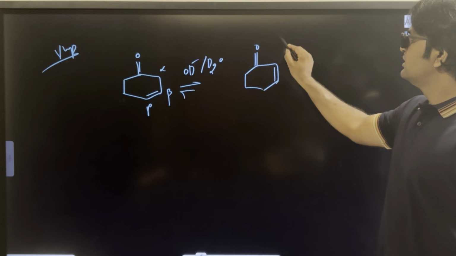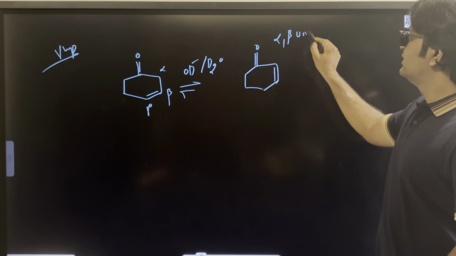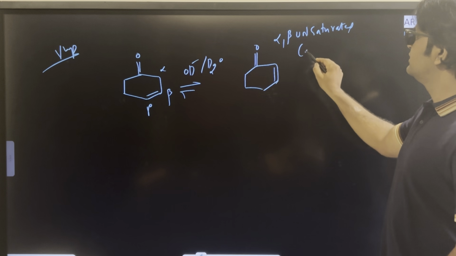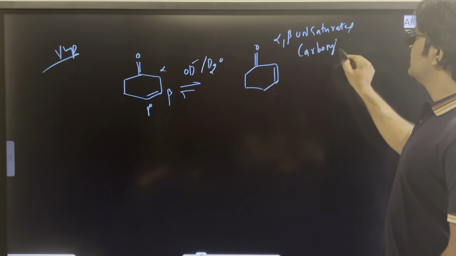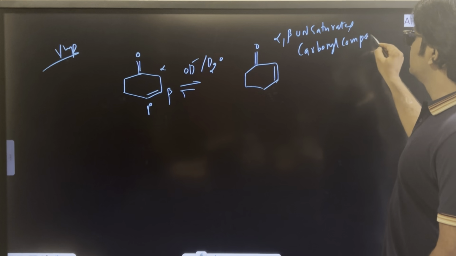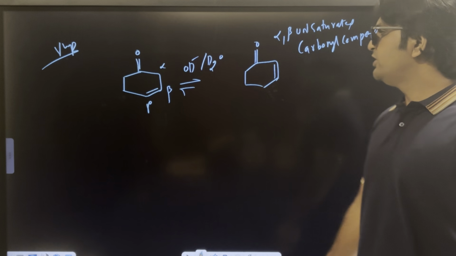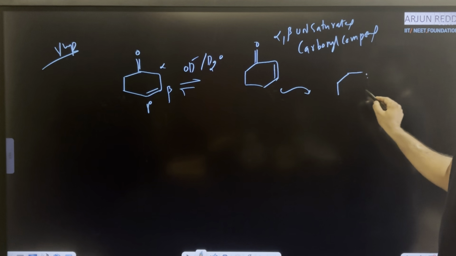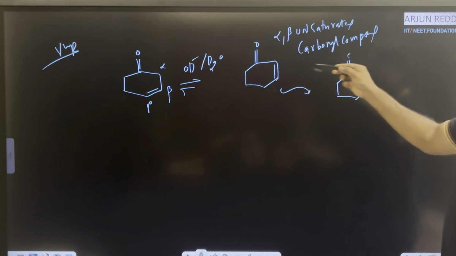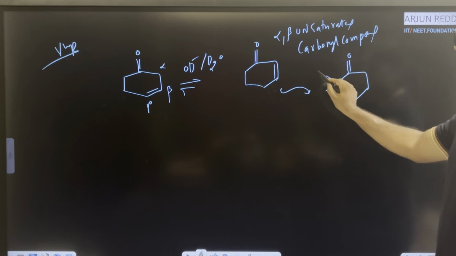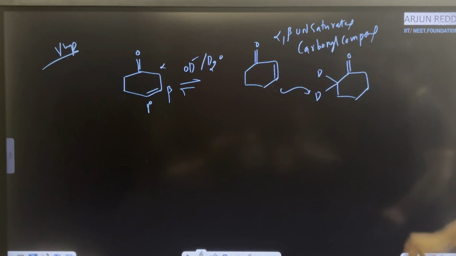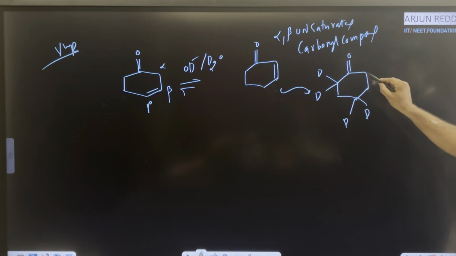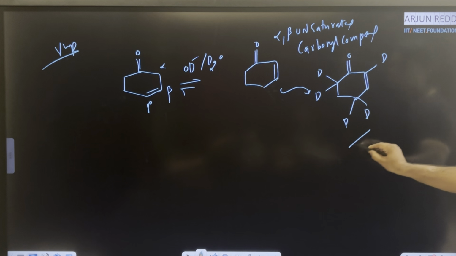Here what is the product? Alpha beta unsaturated carbonyl compound that you are getting first before deuterium exchange. After that, there are replaceable hydrogen atoms. From left side you can take 2 deuterium, and here in place of hydrogen deuterium, and here also deuterium. This is the final resulting product.